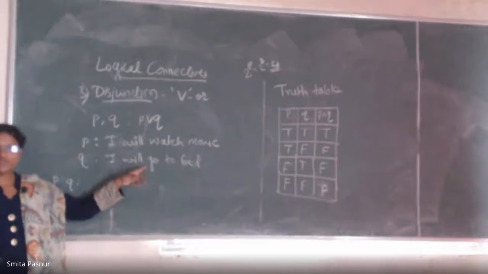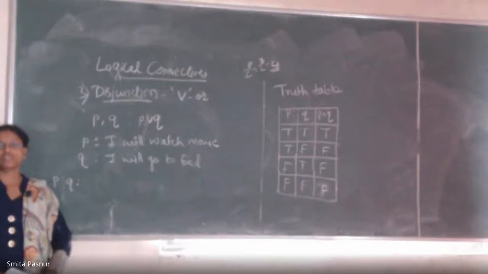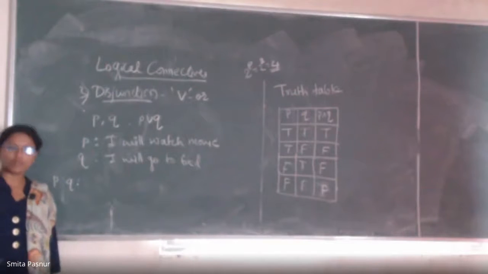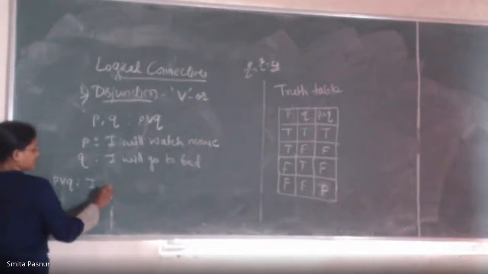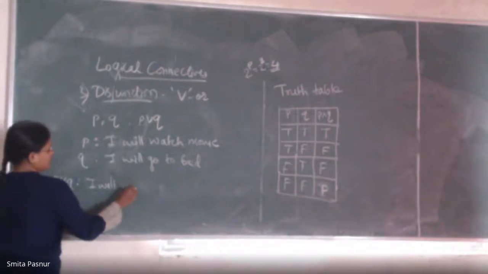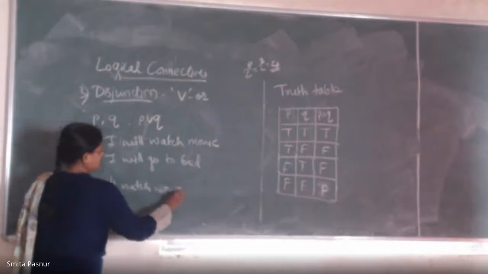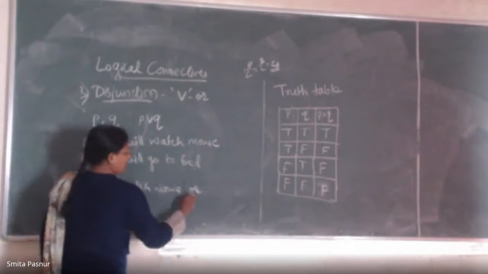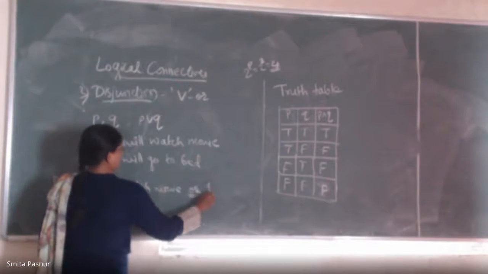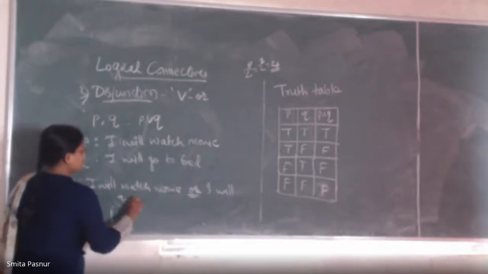I will watch movie. I will go to bed. Such statements, if you want to combine them, what will happen here? P or Q. So first write P. What is P? I will watch movie. Now here is the or sign. So you write here or, I will go to bed.